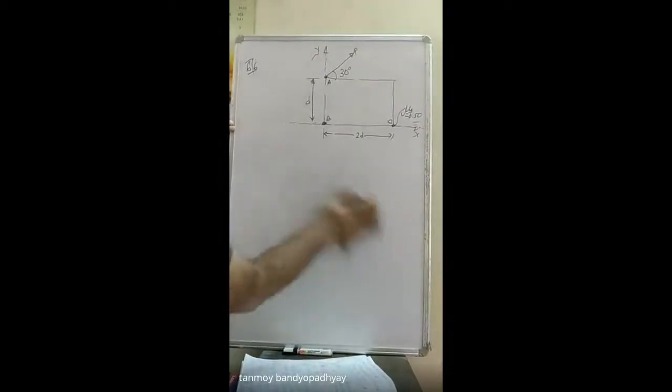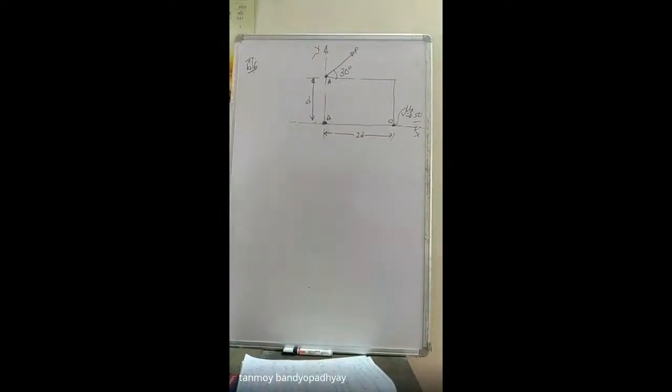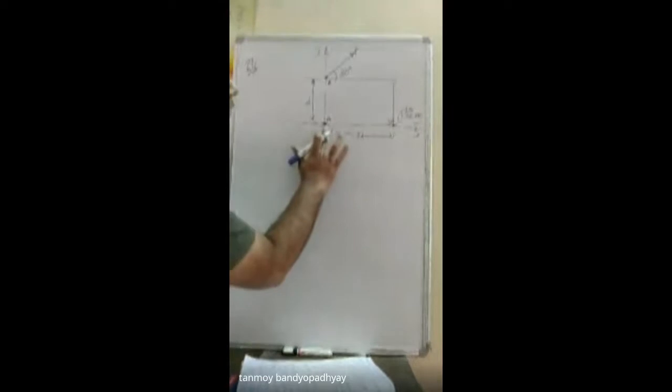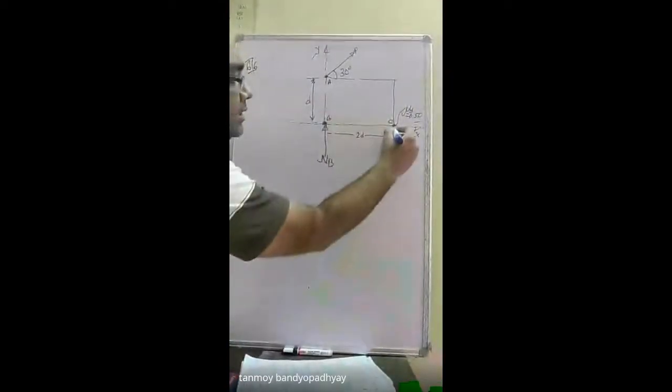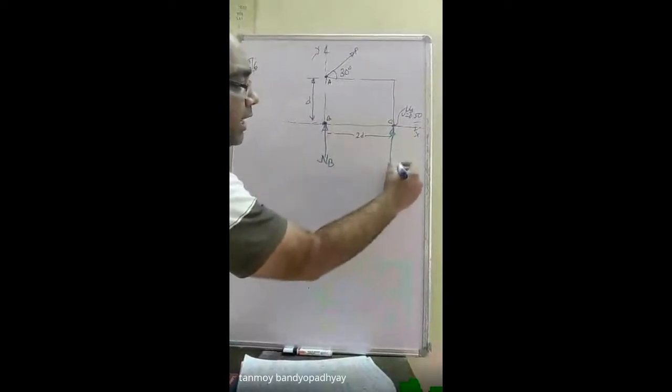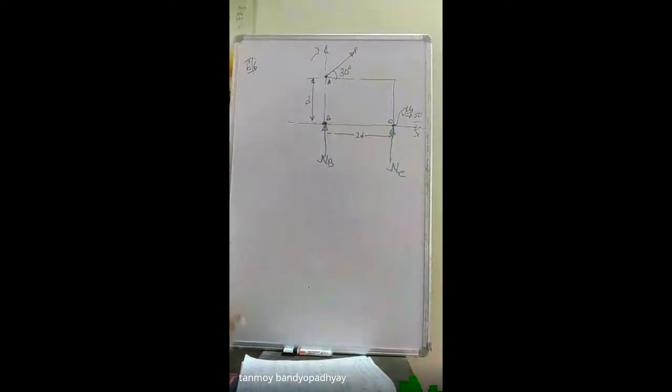Now, let's write N instead of R, it will be better, since friction is also there. So let NB and NC be the normal reactions at the points B and C respectively. And first, look at it assuming slipping.